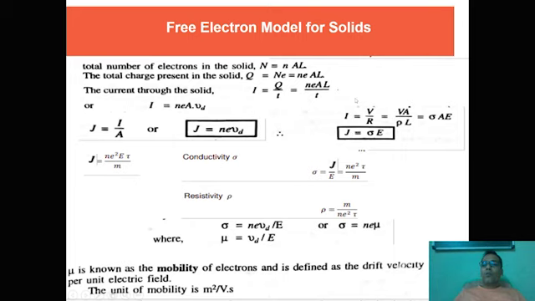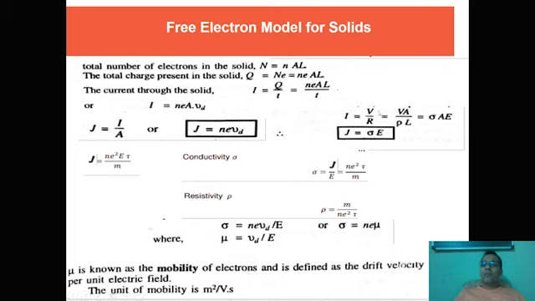Again, from Ohm's law we have I equivalent to V by R. So we just have to play with different physical parameters related to electrostatics: resistance, current, voltage, electric field intensity, and related terms. So I is equivalent to V by R from Ohm's law.